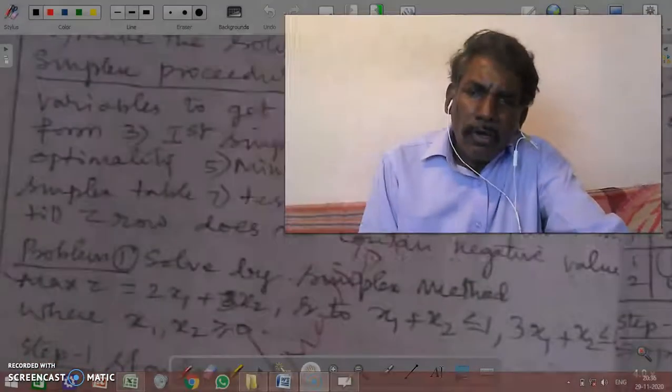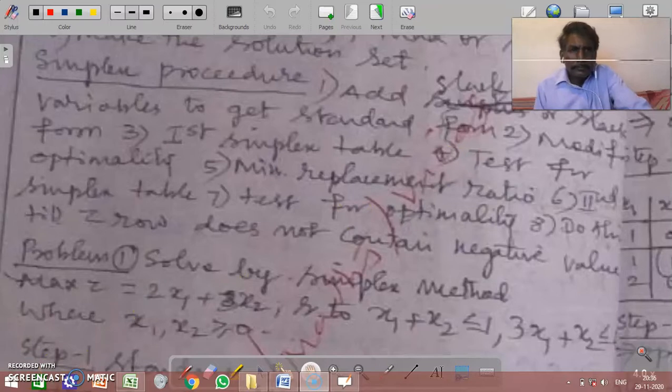The simplex procedure, algorithm or technique, different terminology is used. Let us take that algorithm about how we can solve the linear programming problem using what is called the simplex procedure.